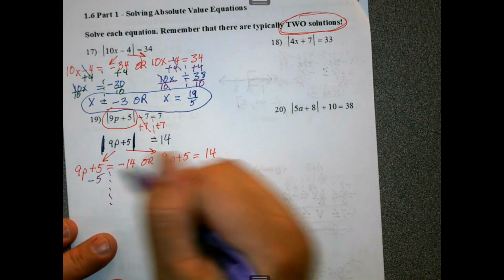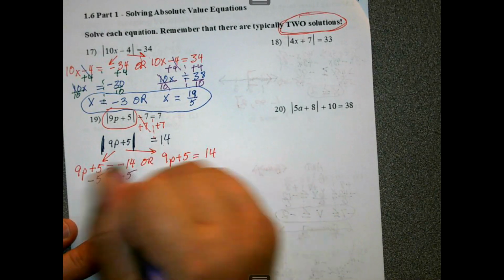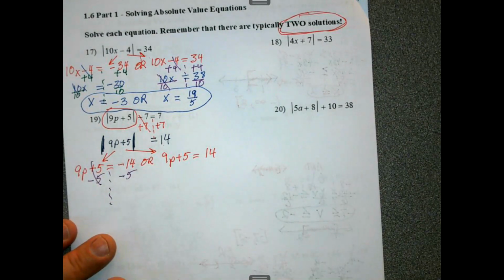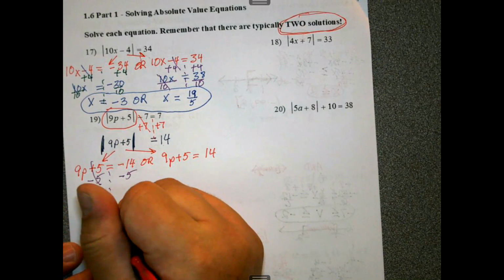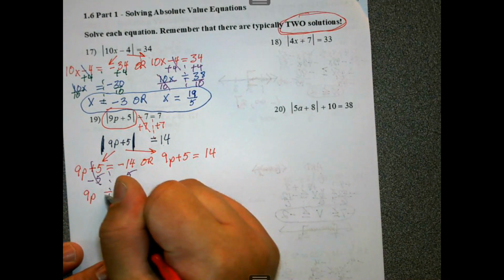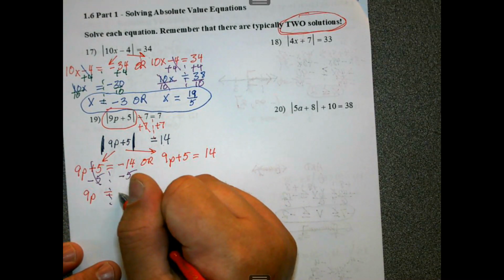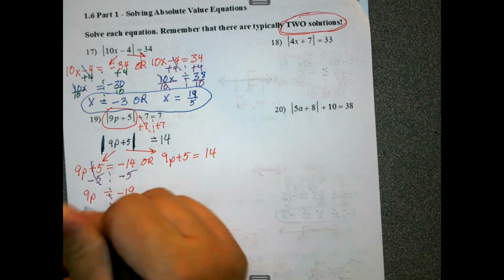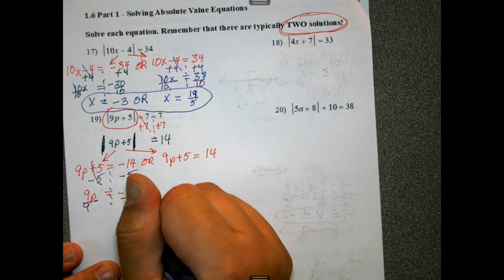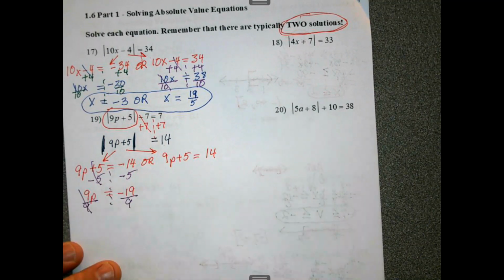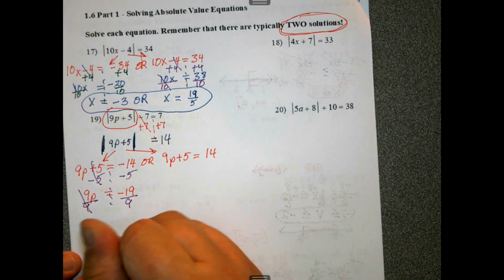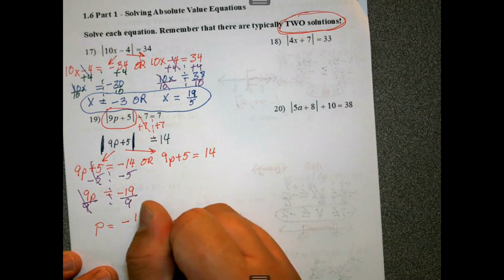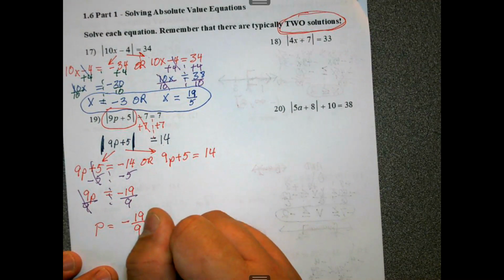Subtract 5, subtract 5. I get 9p equals negative 19. And then divide by 9. So p equals negative 19 ninths.